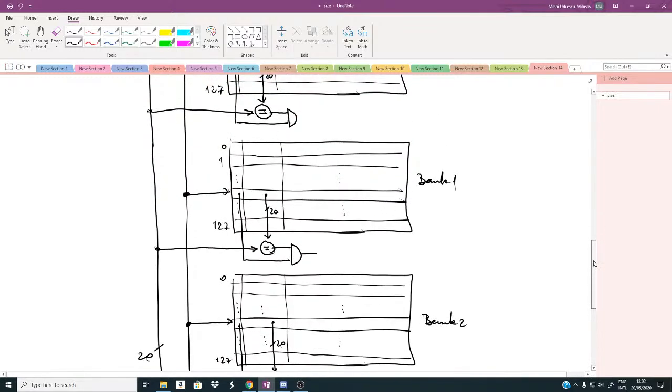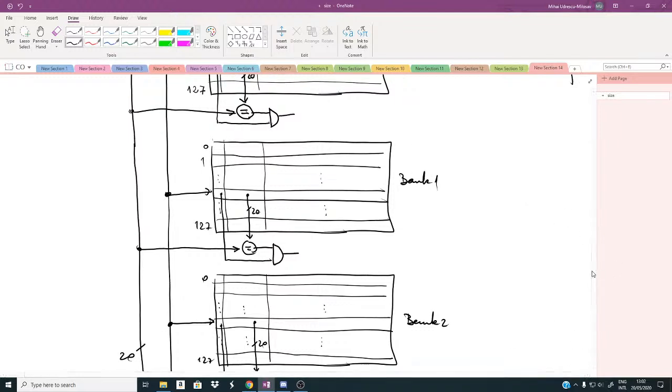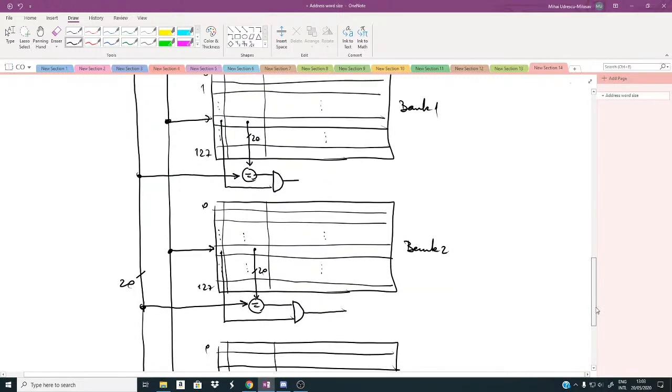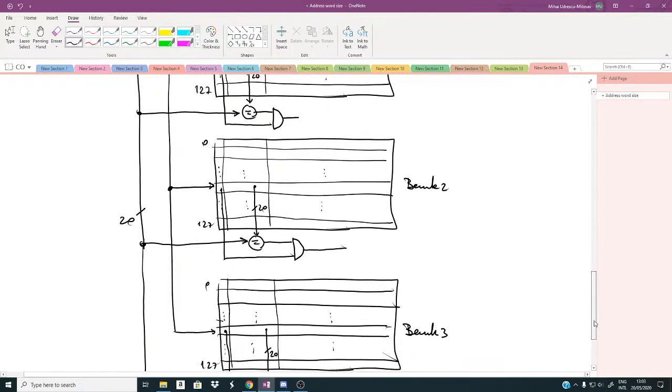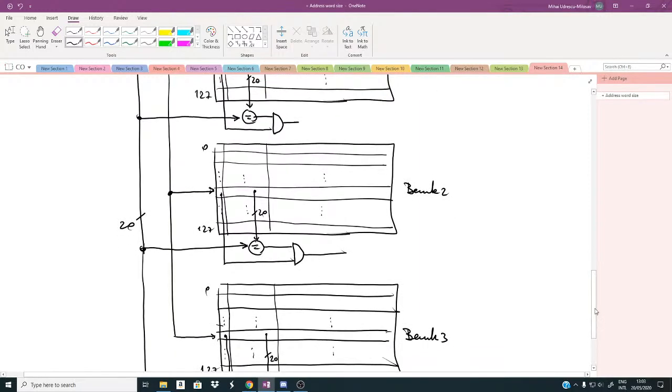So you need to use these because you only have one here. You may have all zeros here when the desired block is not present in the cache, or you may have a one-hot situation when only one of the blocks is the block where the word that the CPU needs is.